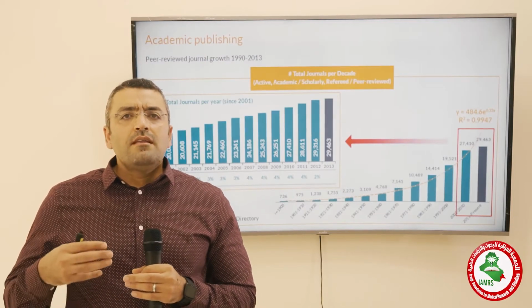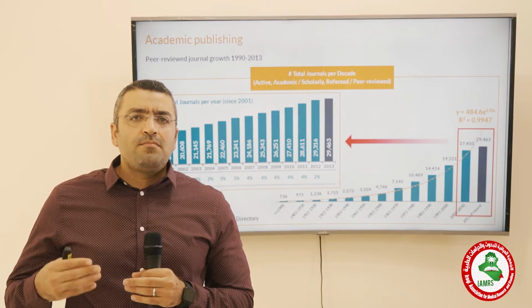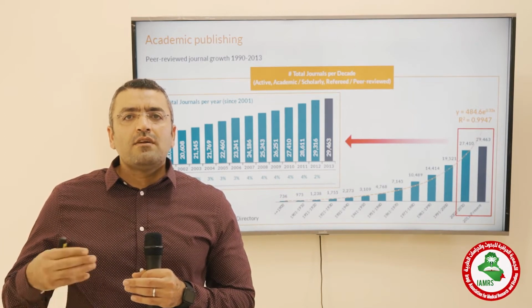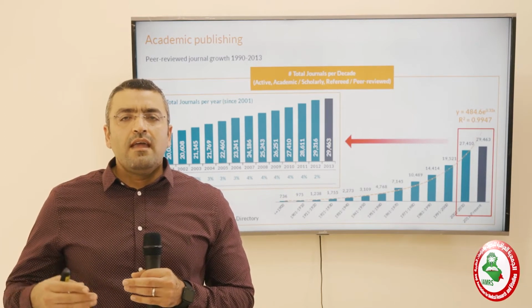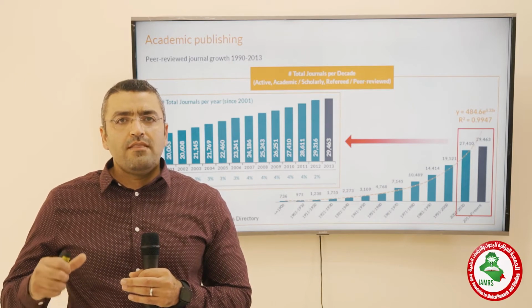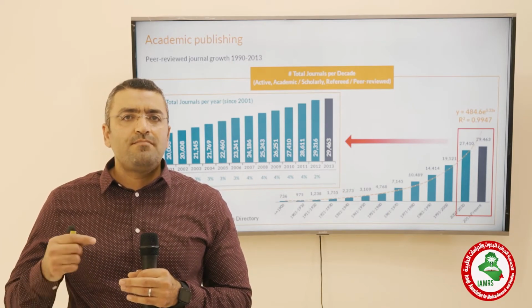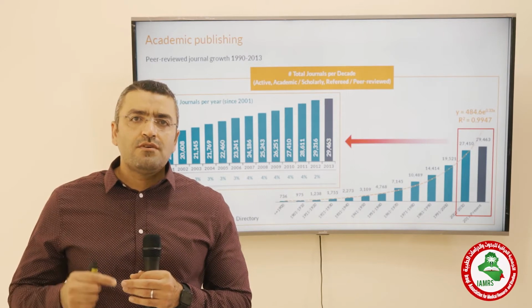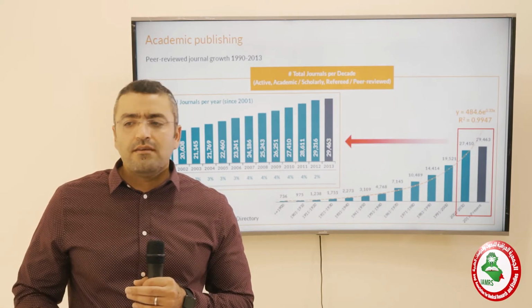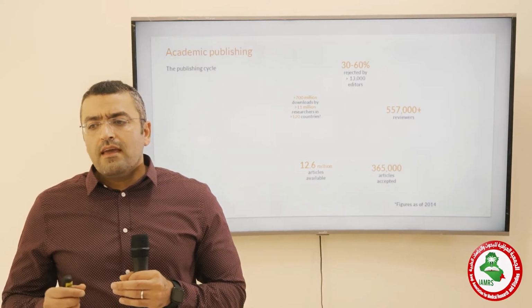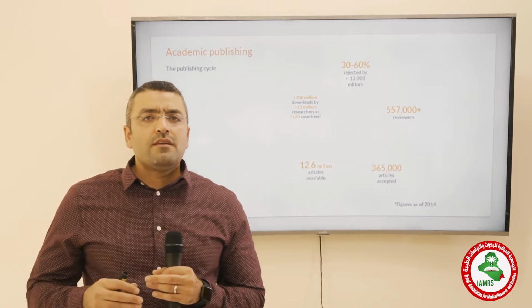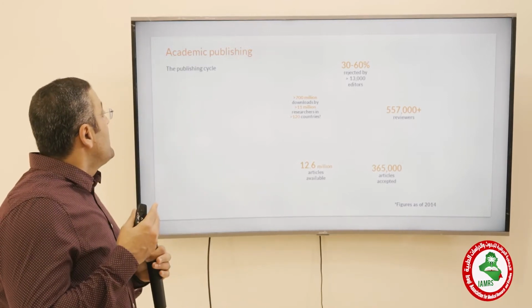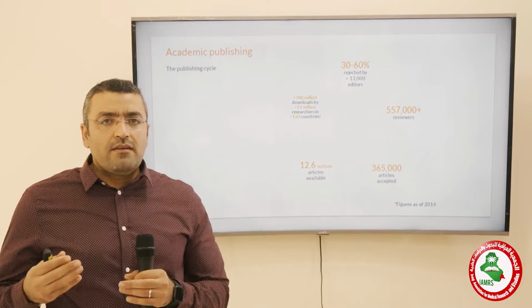The number of journals and academic publishing has been growing over the last years. As you can see here in this graph, the number of papers as well as the number of journals is increasing year by year. And in academic publishing there is a publishing cycle.